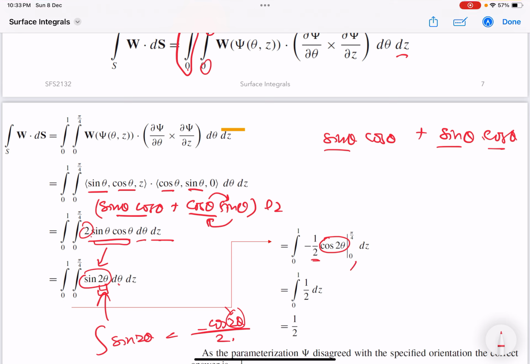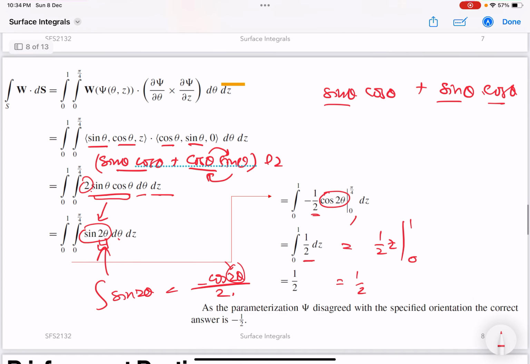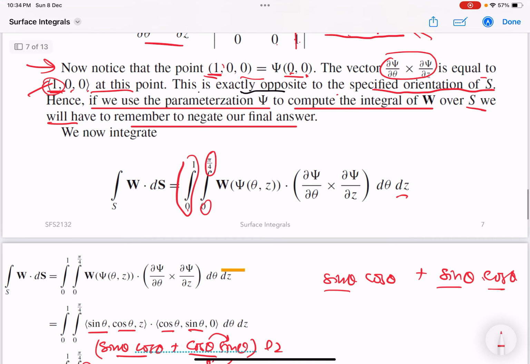And then for dz, after you substitute, you get 1 over 2 dz equals 1 over 2 z from 0 to 1, so it becomes 1 over 2, because this is z and you just substitute 1, right? So as parameterization, this is the checking part.